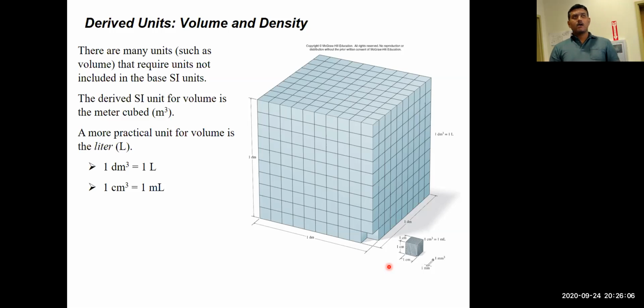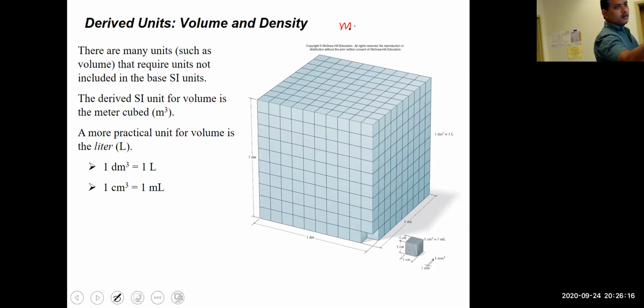For mass, we already use a base unit. Let's see if we can write. The mass base unit is grams, and volume we haven't discussed directly, what the volume base unit is.